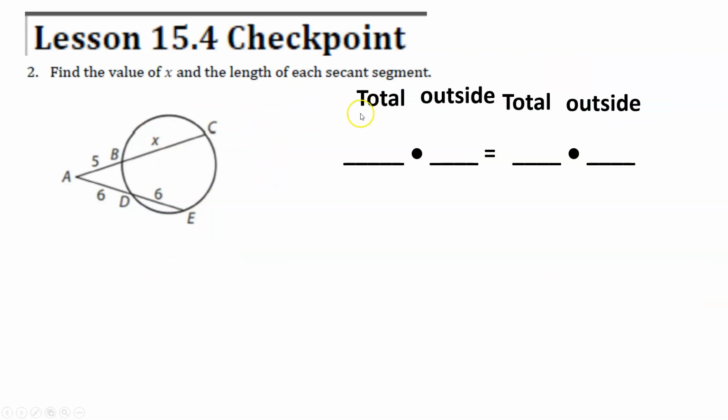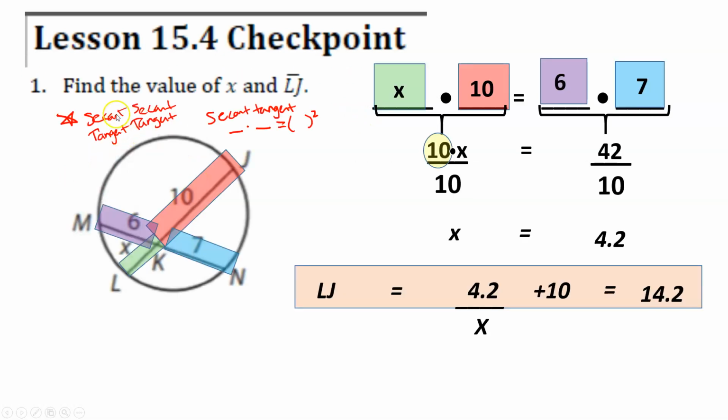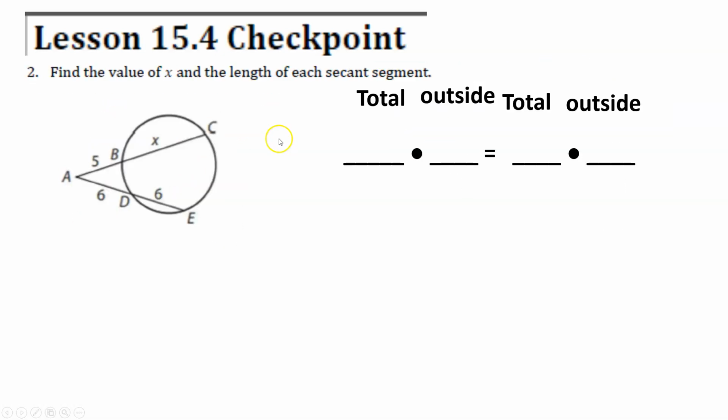So it says here, again, I'm going to use one of these two, secant, tangent, tangent, or secant, tangent. This one's going to be, oh, and it tells us. That's why I like that. Oh, secant segment. Okay, cool. So we're going to use our total times our outside, total times our outside.